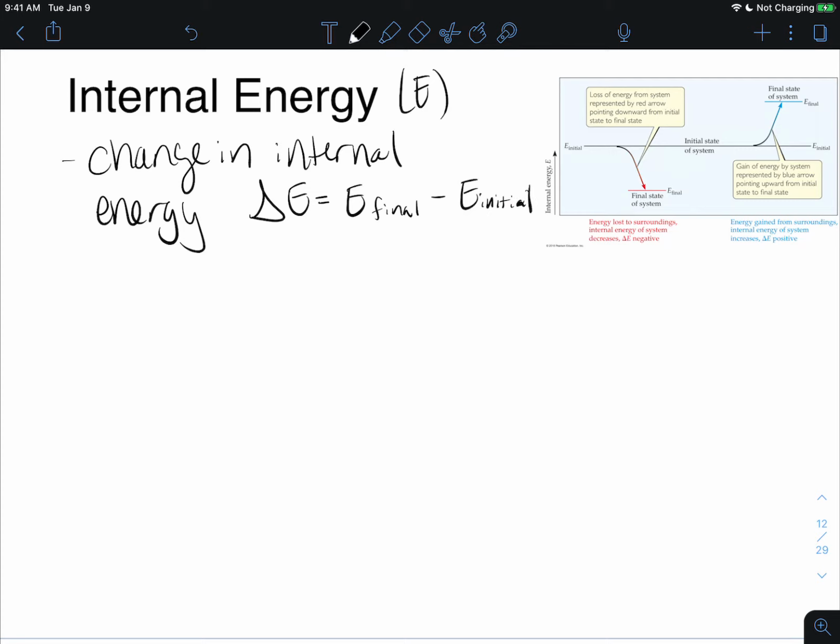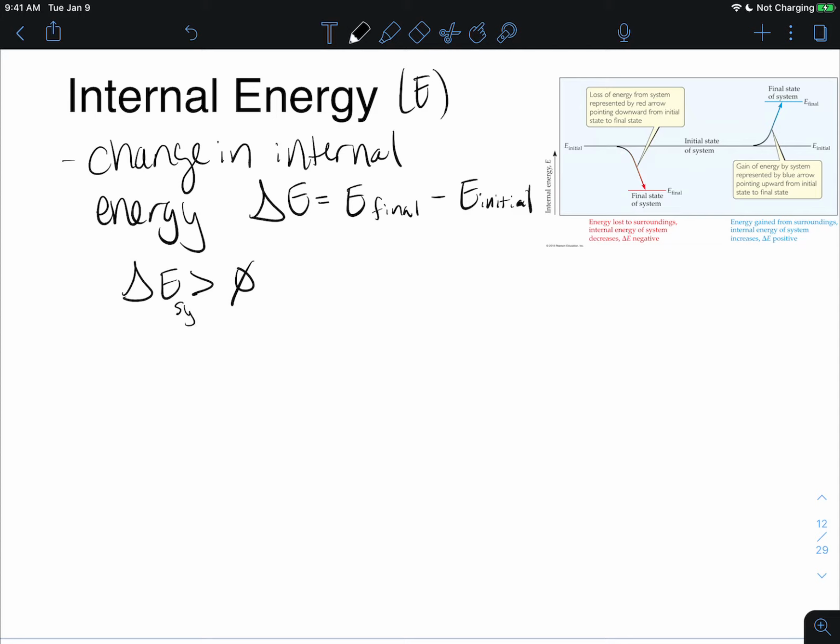Okay? And anytime we have a delta E that is greater than 0, we are going to have a system where the final energy of the system is greater than the initial energy.